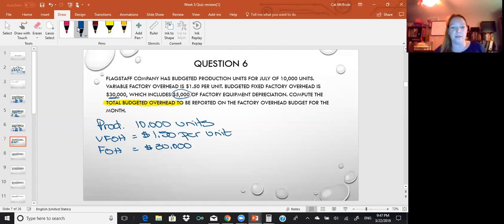What you're thinking is whether it's factory equipment or office equipment. If it's office equipment, then it's not part of factory overhead. But depreciation is included. It is absolutely part of overhead. Glad we had this conversation.